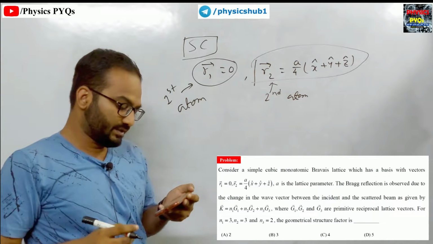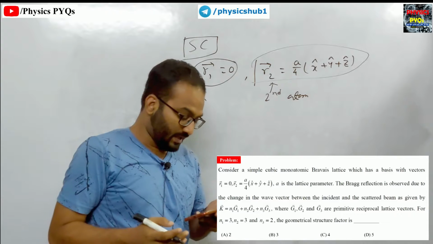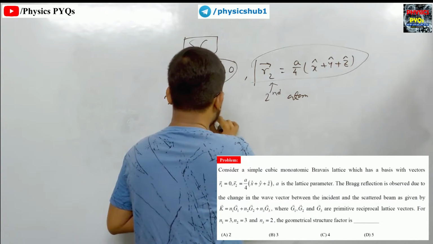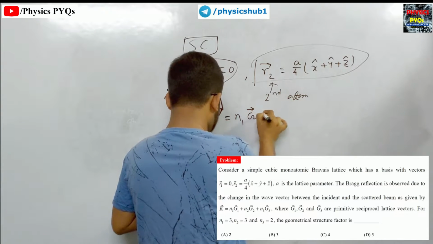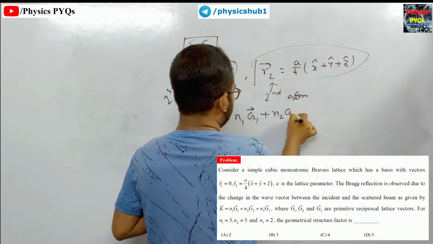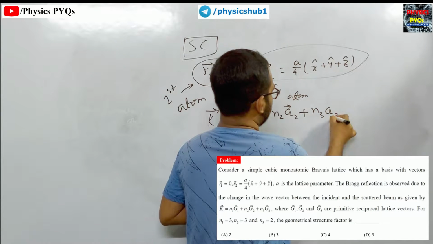The Bragg reflection is observed due to the change in the wave vector between the incident and the scattered beam, as given by k equals n1 g1 plus n2 g2 plus n3 g3.